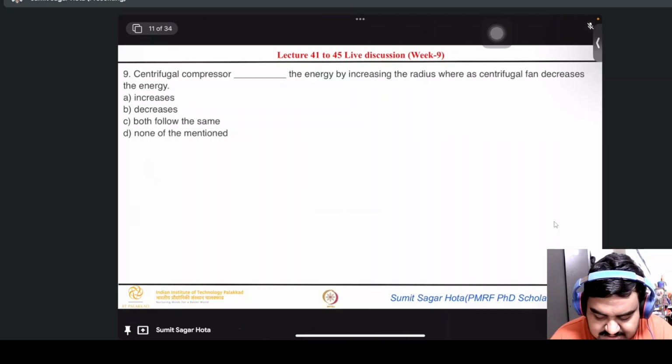The centrifugal compressor dash the energy by increasing the radius, where a centrifugal fan decreases the energy.